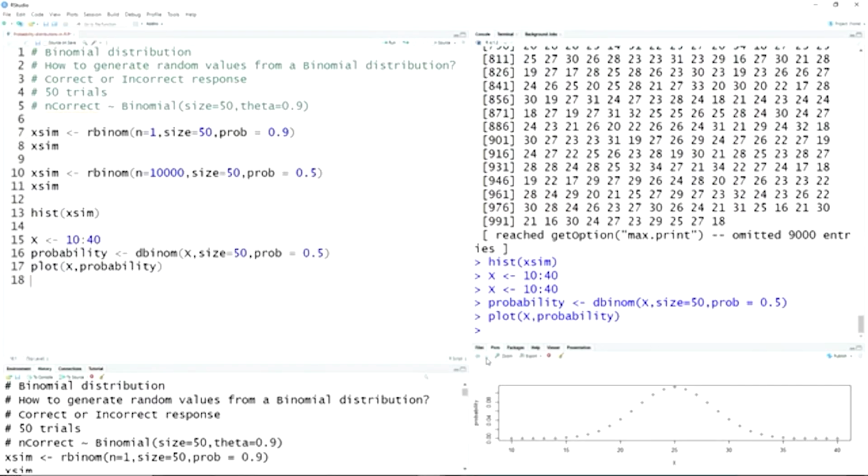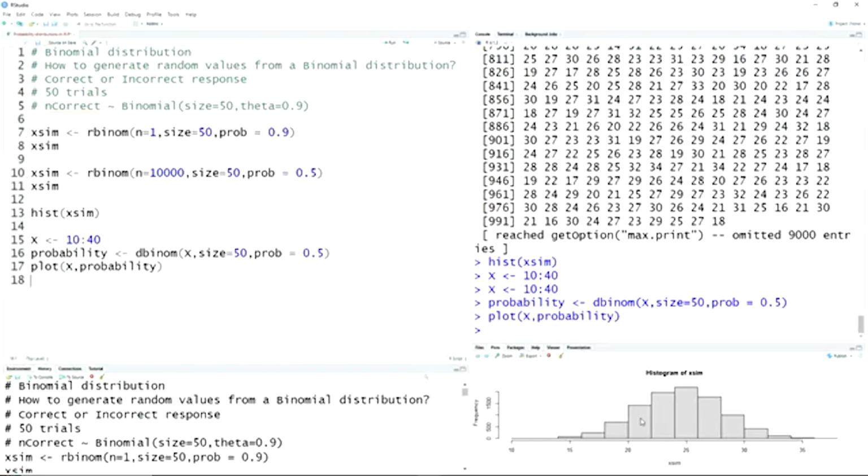Each dot represents the probability mass corresponding to a particular value of the random variable. This is the graph of the probability mass function of a binomial distribution where the underlying probability of success is 0.5. You get exactly the same distribution as in the previous graph, because you generated from the same distribution with 10,000 experiments. So if you draw the histogram, it would look the same as the probability mass function.